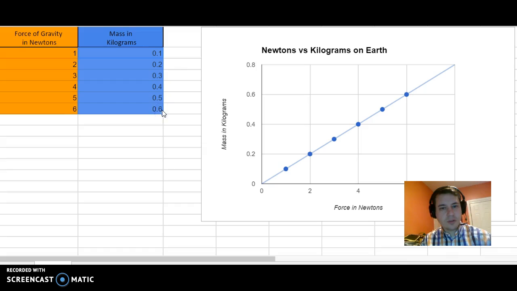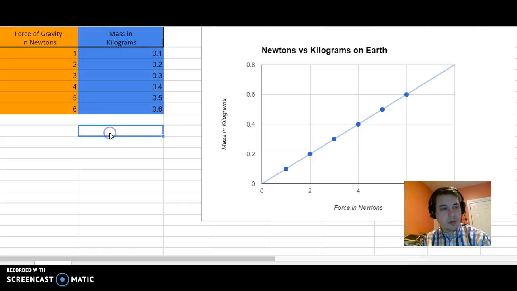Your graph should have looked something closer to this. It should have been a fairly straight line that ended at 0, 0. And the ratio between these, if you took the first column and divided by the second, should be a number close to 10.